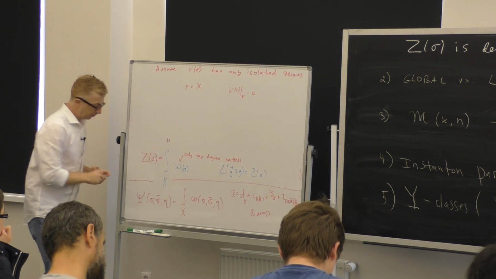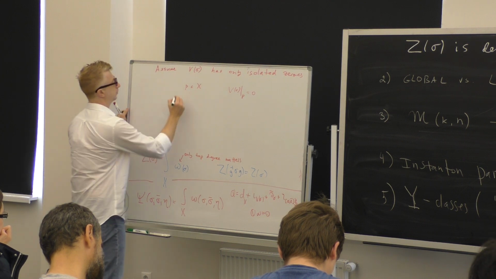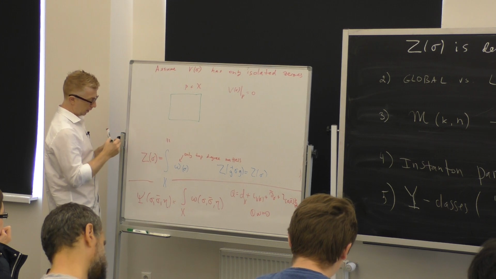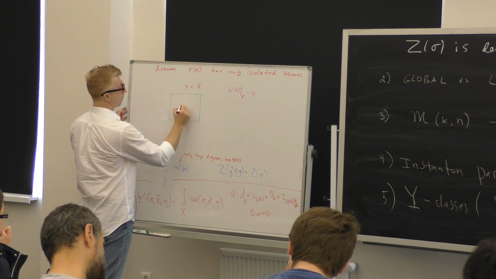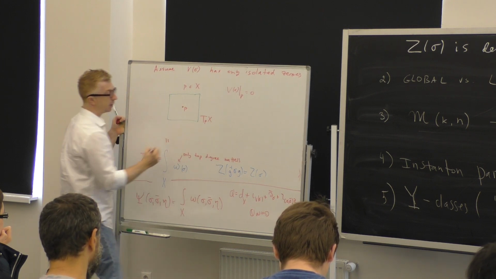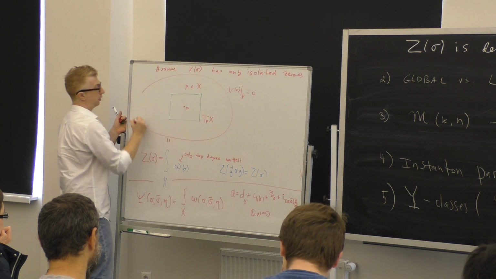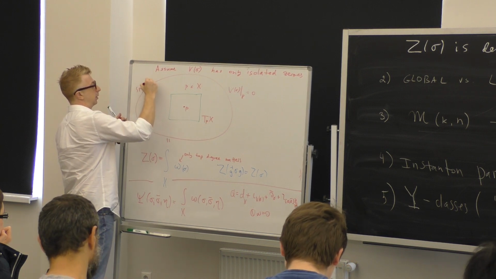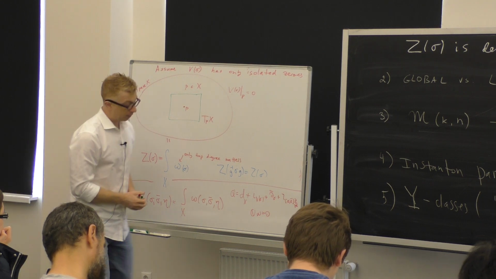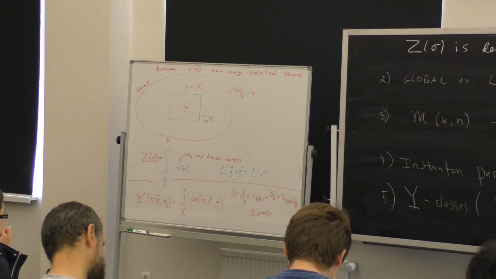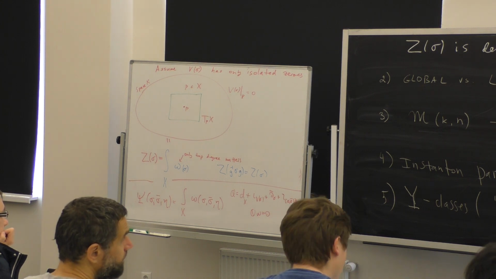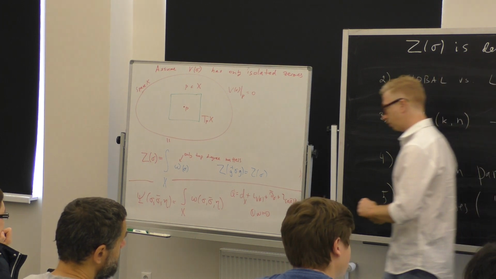Then locally, you have the following structure. You have the following picture. This is p. This is my tangent space to X at p. And then this is the space X around it. Now, remember, I said that we can choose a torus to which we take sigma to belong.